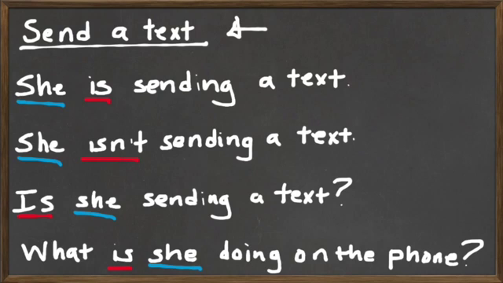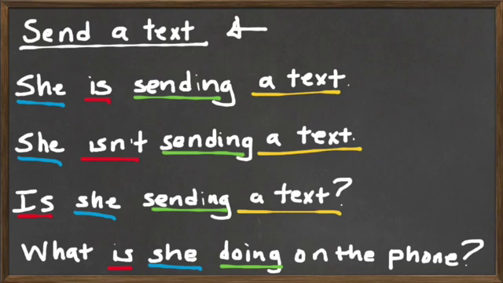If we had I, it would be am. Now we have a verb plus ing: sending. Now we have a complement. We also do, which in almost all cases is the same: a text and on the phone.